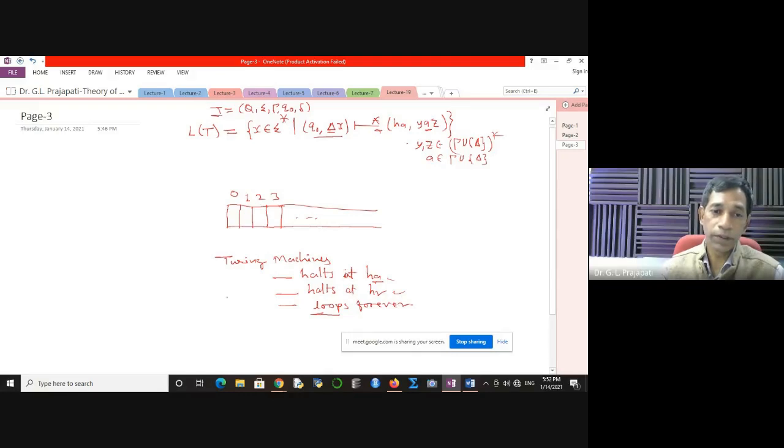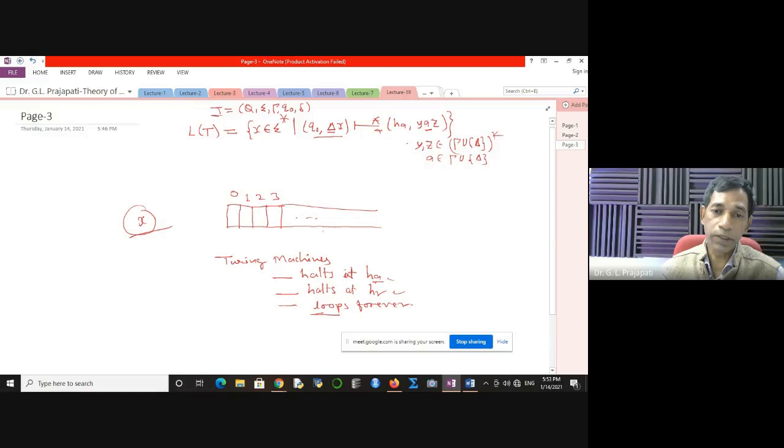If for the given input x the Turing machine enters an infinite loop, it is unable to decide whether x is in the language or not. This is the undecidability, because there is a possibility in the case of a Turing machine to loop forever.